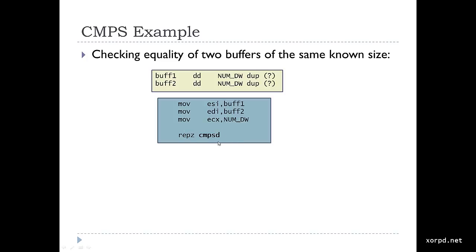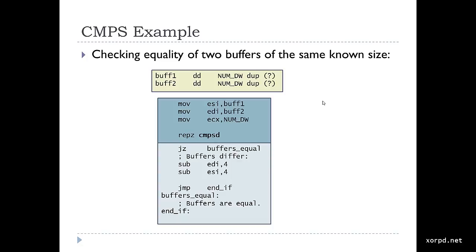How can we utilize the result of this instruction? As usual, we have to check some things after we finished with this instruction. We just check the zero flag. If the zero flag is set, it must mean that the buffers are equal.